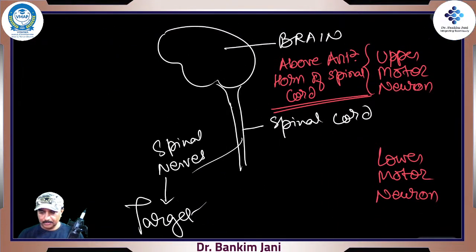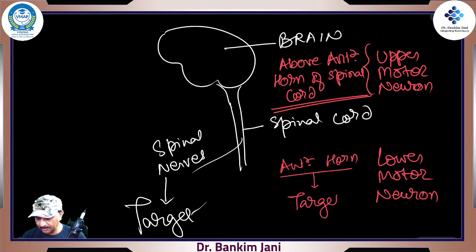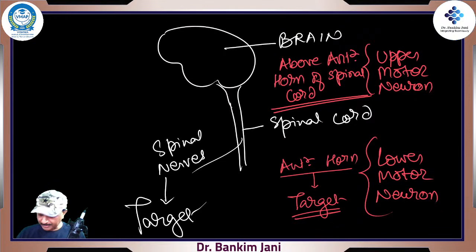So anything from anterior horn to the target is a lower motor neuron. And if that is cut, it is called an upper motor neuron lesion. And if any cut over here in the lower motor area, it is called a lower motor neuron lesion. Lesion means injury, right?